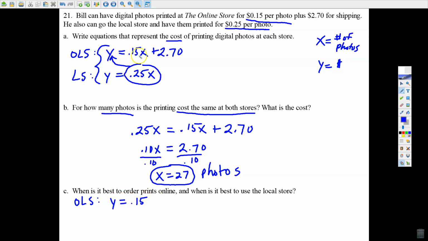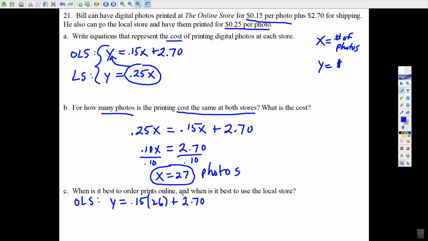So I do 0.15 for every picture, and I'm printing 26 pictures, and the online store is going to make me pay the extra $2.70 for shipping.